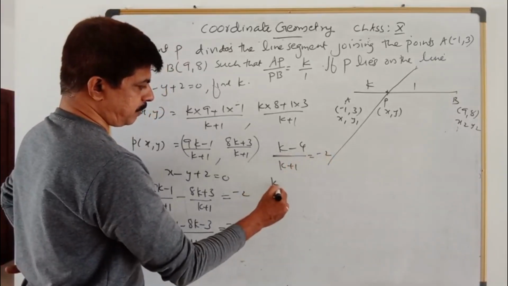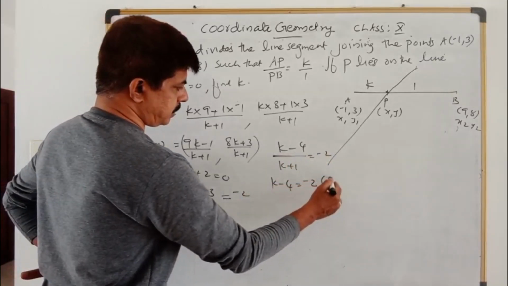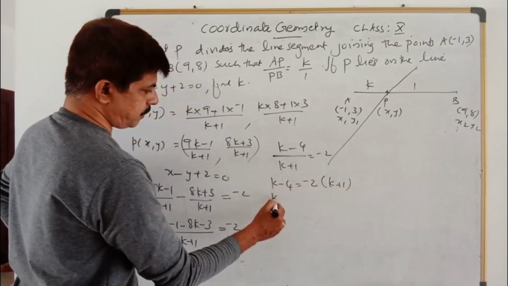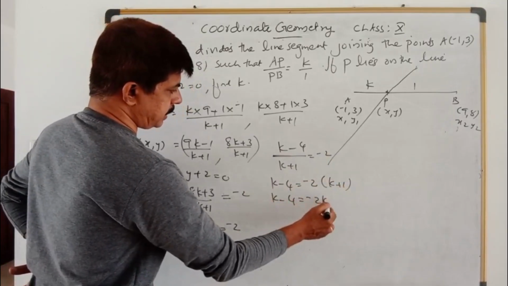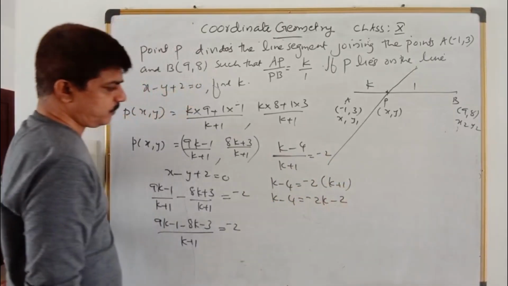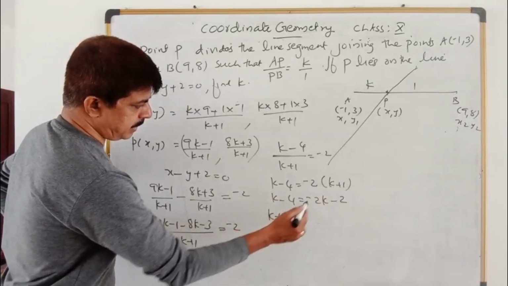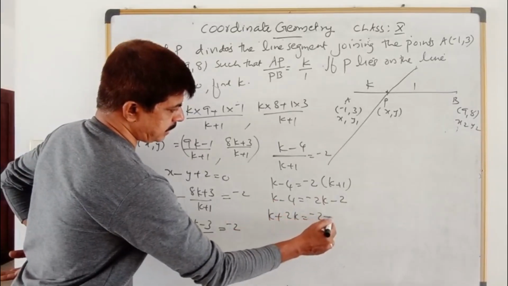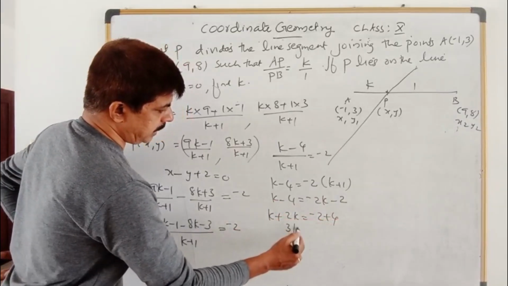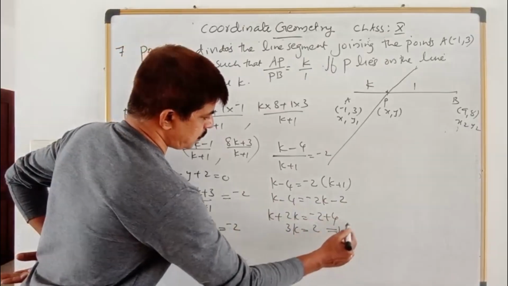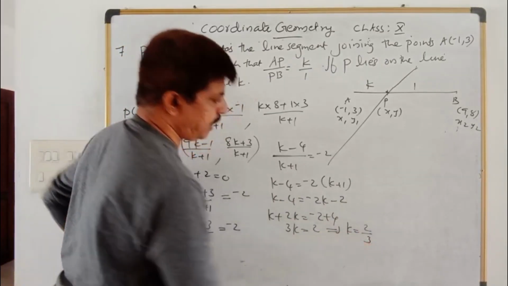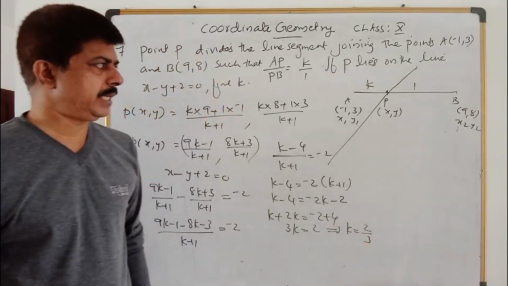Cross multiplying, k minus 4 equals minus 2 into (k plus 1), so k minus 4 equals minus 2k minus 2. Taking the variable terms to one side, 3k is equal to 2. So the value of k is 2 by 3.